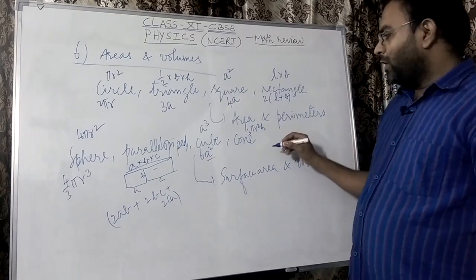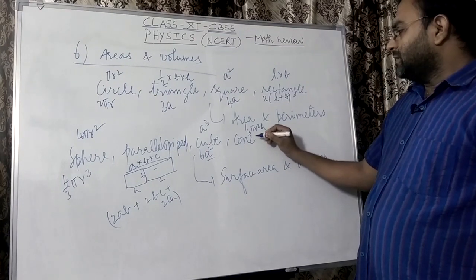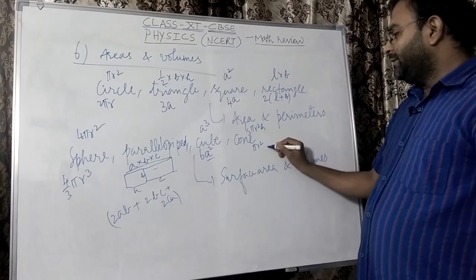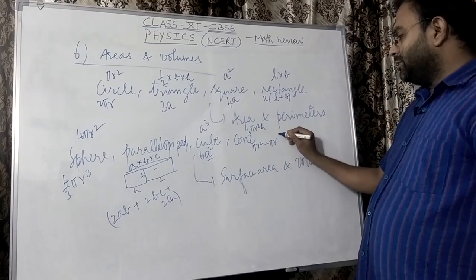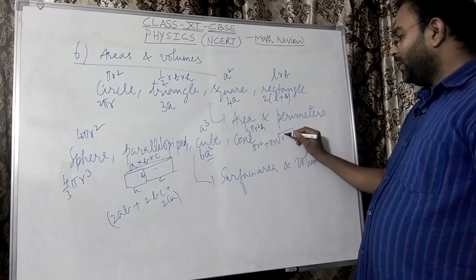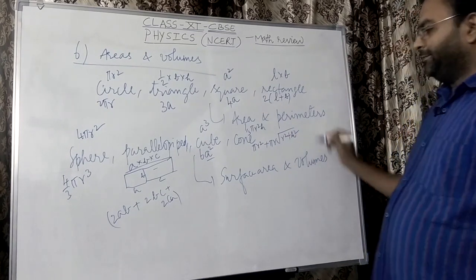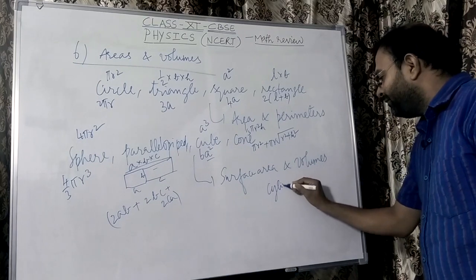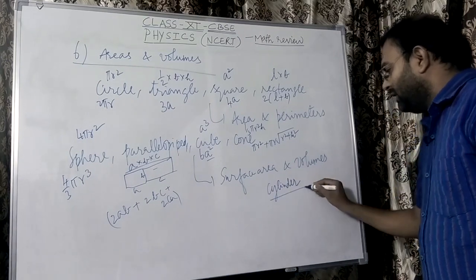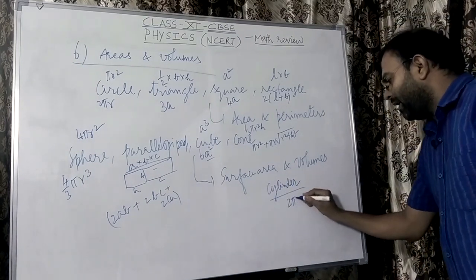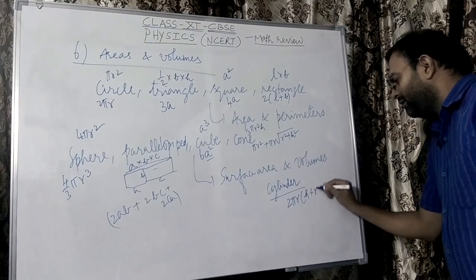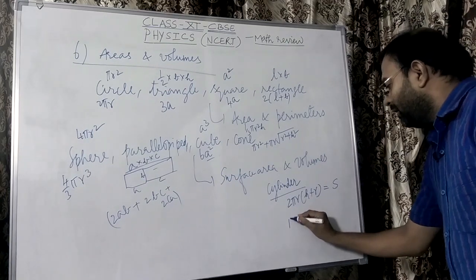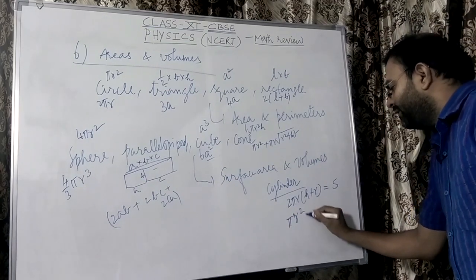Whereas for the cone, the surface area is pi r squared plus pi r into square root of r squared plus h squared. And for a cylinder, the surface area is 2 pi r h plus r, and the volume is pi r squared h.